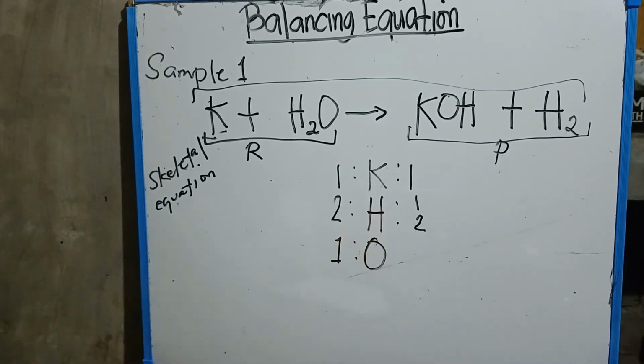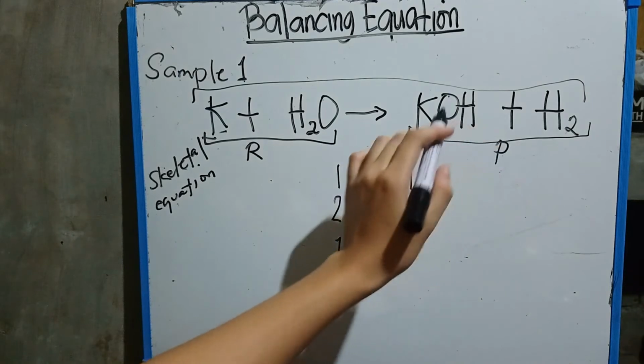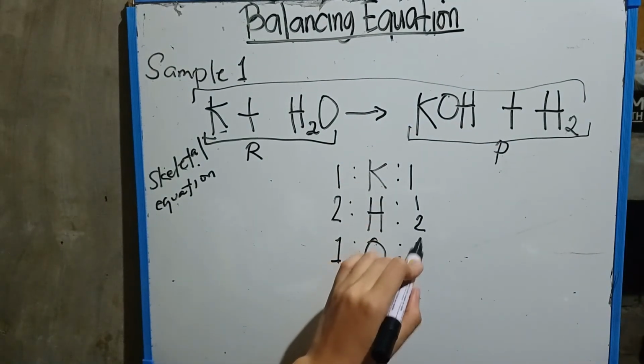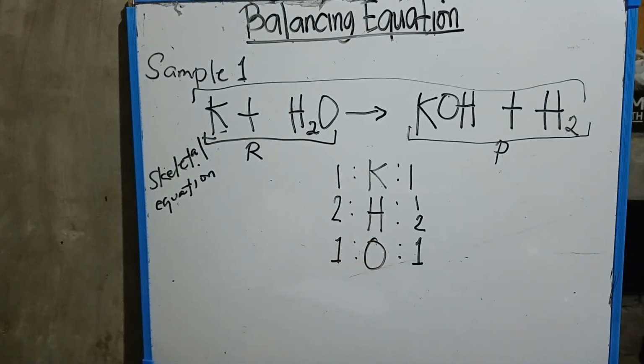Ito lang i-separate para if ever dagdagan na to og coefficient, dili ta maglisod. And our oxygen is also 1. So as you can see, our hydrogen is not balanced. So what are we going to do in order to balance our chemical equation or skeletal equation?